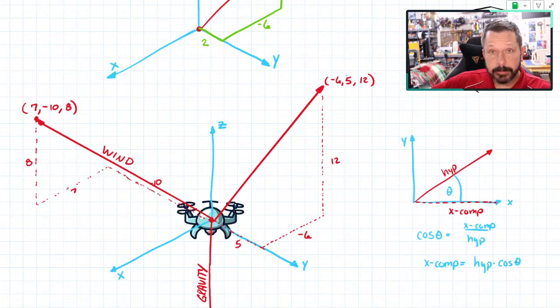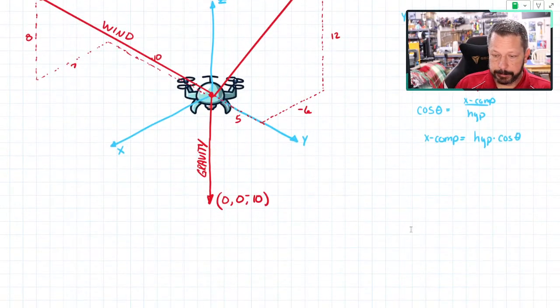Whatever axis I'm looking at, x, y, z, or some other axis, if I take the angle between that axis and the hypotenuse, or the magnitude of the vector, call it theta, and use the cosine of theta, then I will get the length of that hypotenuse or magnitude along that axis. Maybe that will make a little more sense once we start doing it.